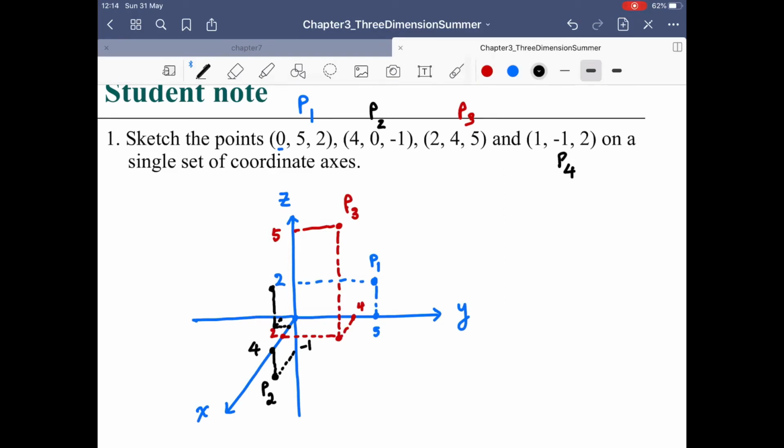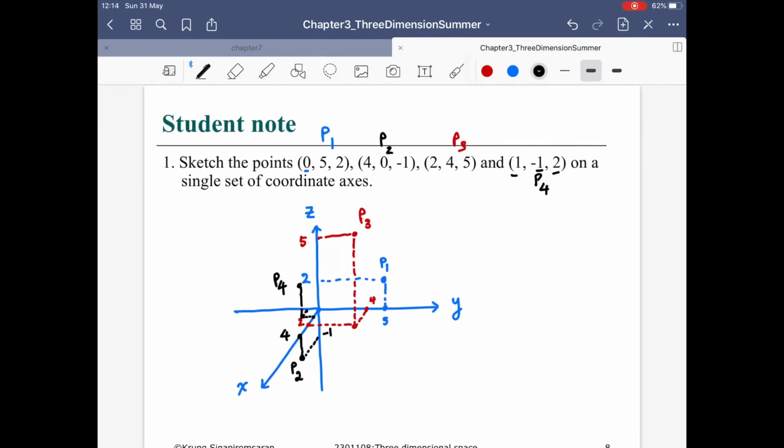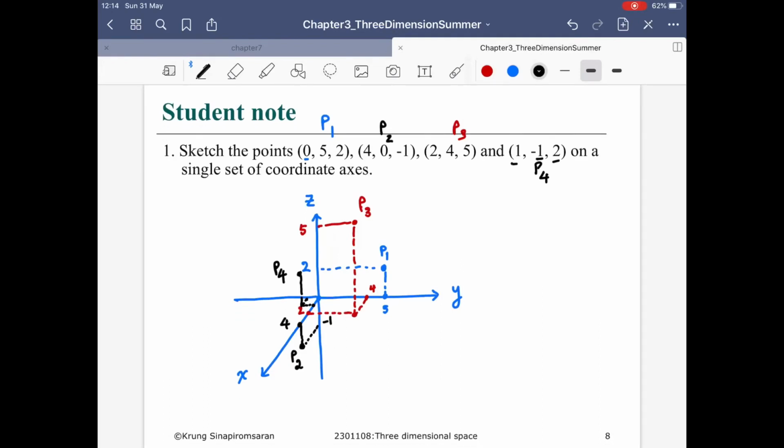So here it is P4, which is 1, -1 and 2. Okay, I mean, you guys are engineers, so you know how to do a drawing very well, right? So you should be able to draw this three-dimensional space and determine each of the points very easily.